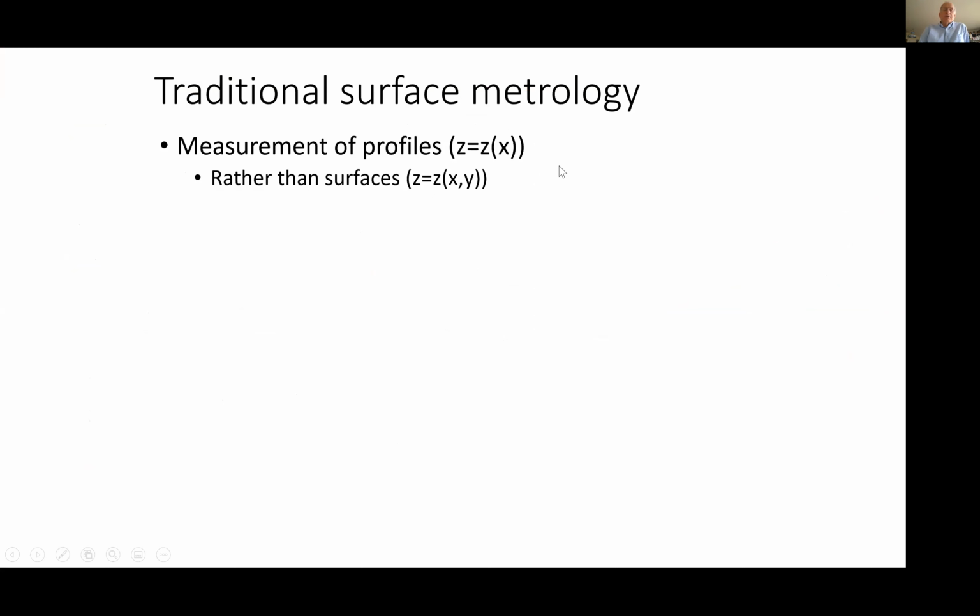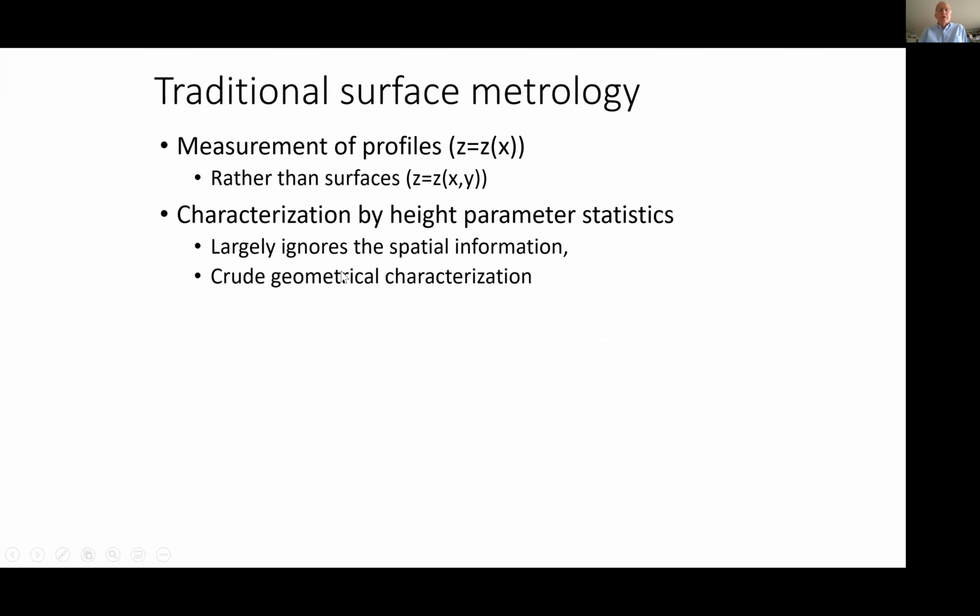So traditional surface metrology. Traditionally, it's usually profiles, although people are doing more with surfaces. It's characterized by height statistics. So this largely or completely ignores spatial information. Very crude geometrical characterization at best. Large bandwidths. Bandwidth, when we're talking about frequency, is the distance between the low frequency and the high frequency.